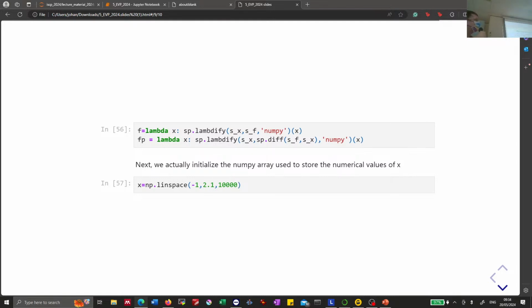So here spdiff is d over dx of f of x with respect to x. Not y, not z, x. Function and the derivative here.